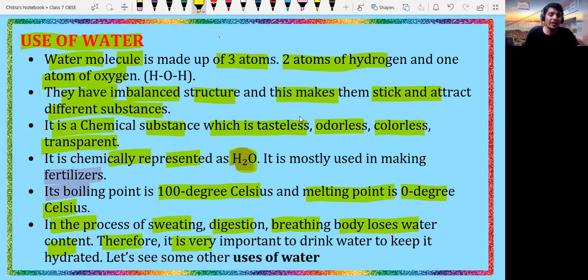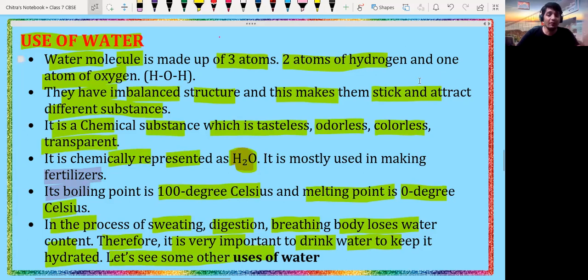Therefore it is very important to drink plenty of water to keep the body hydrated. So let's discuss some other uses of water.